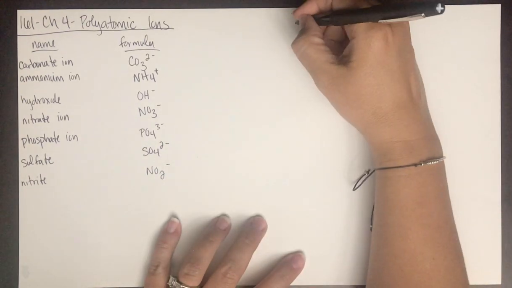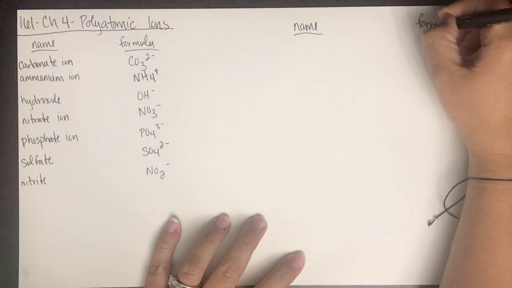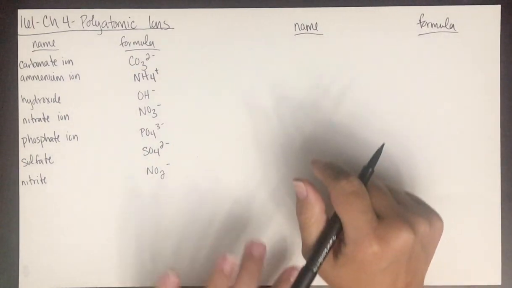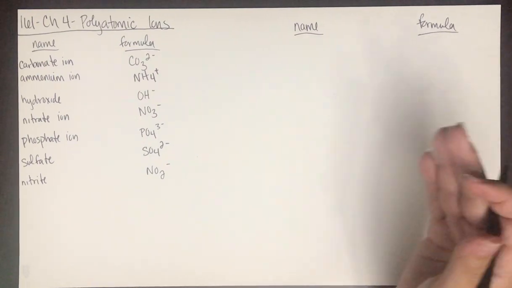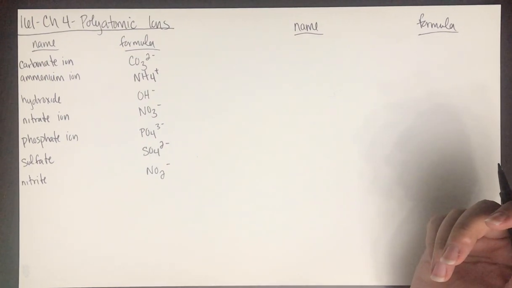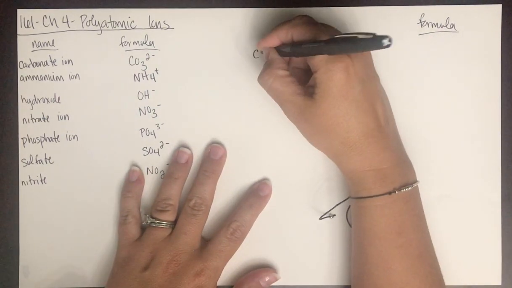Okay, so let's look at some examples where I am going to give you either the name or the formula, and then you will do the opposite. So let's write name, formula. I'm going to write the name of the ionic compound. You'll tell me the formula, or I'll write the formula and you write the name. Okay, so first we'll do calcium carbonate.